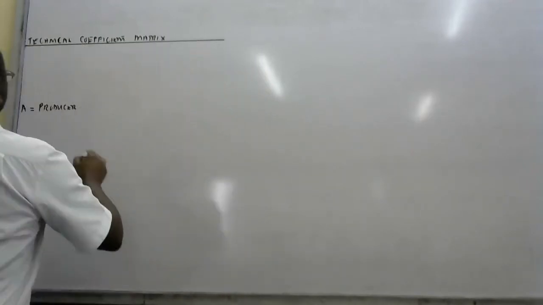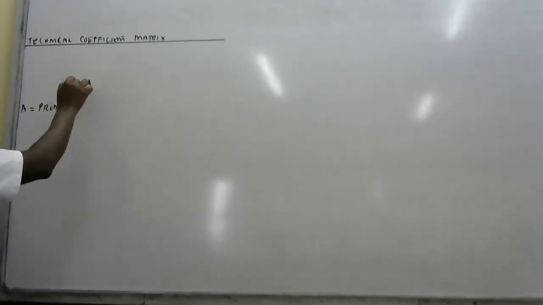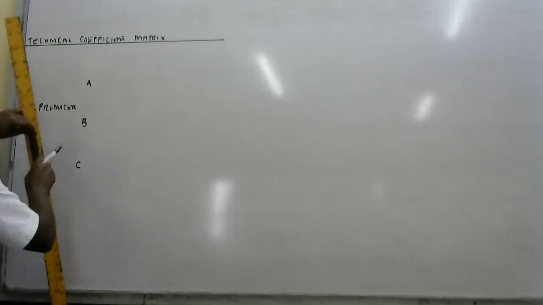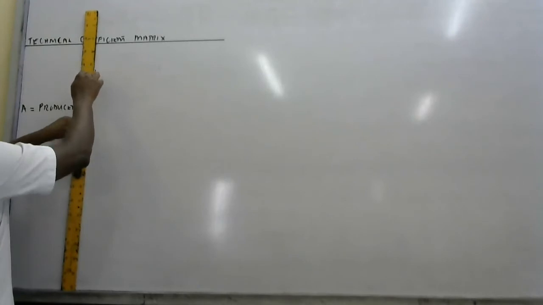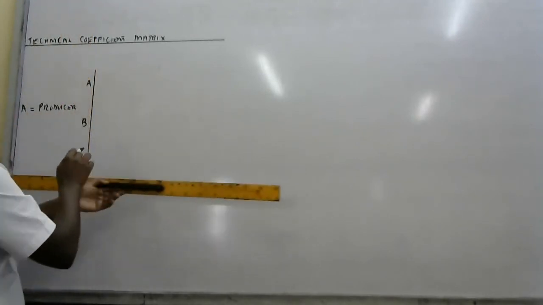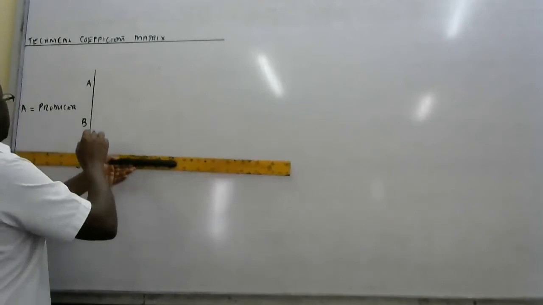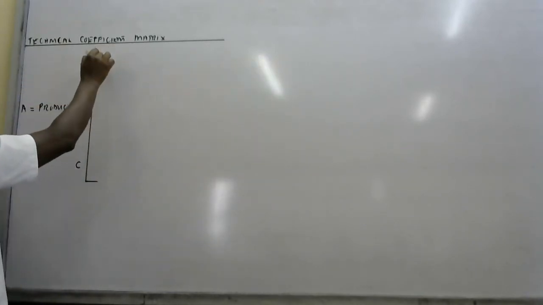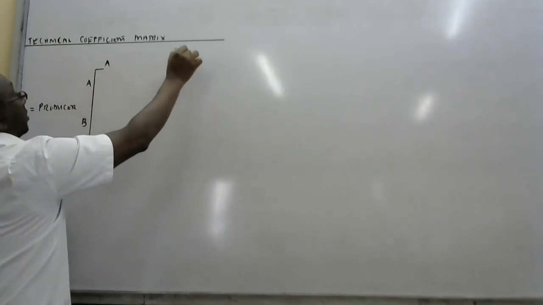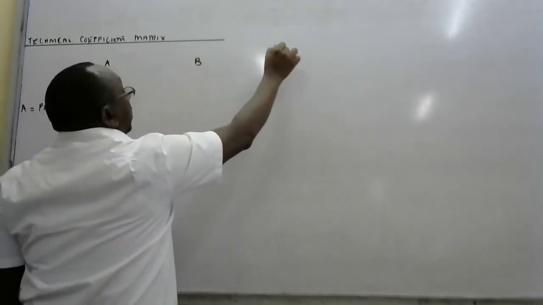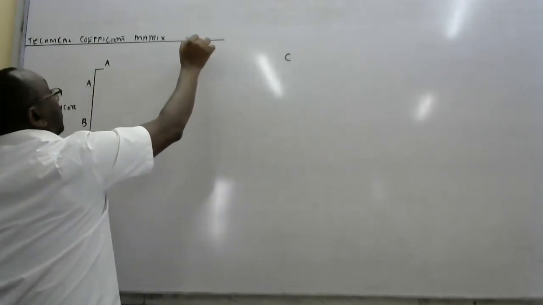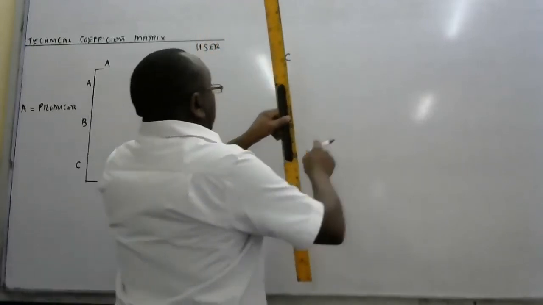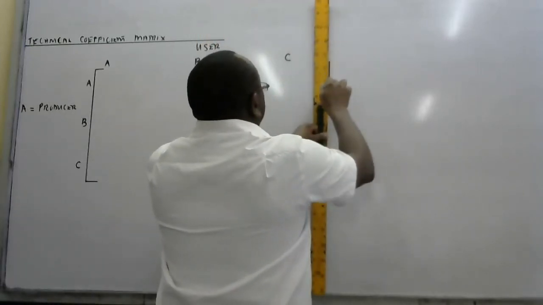And then we have the sectors: sector A, sector B, and sector C. Then we have sector A here, sector B, and sector C. That is the user.